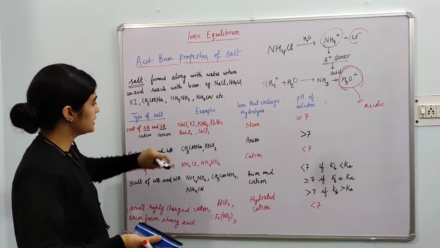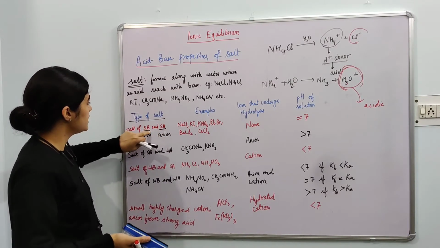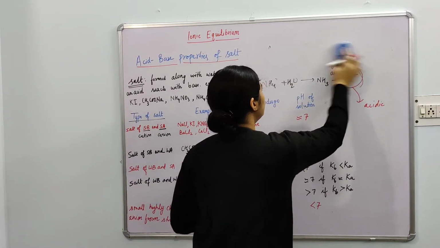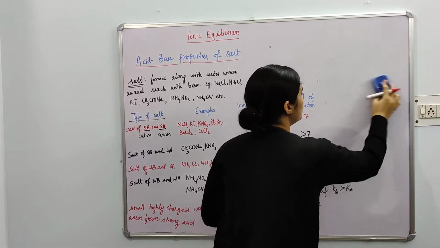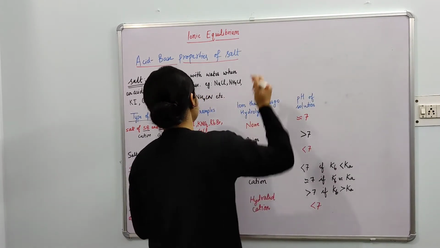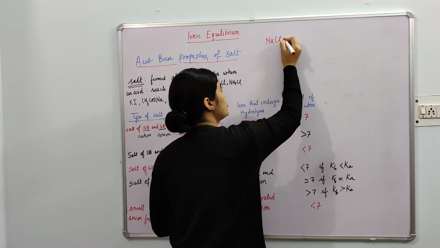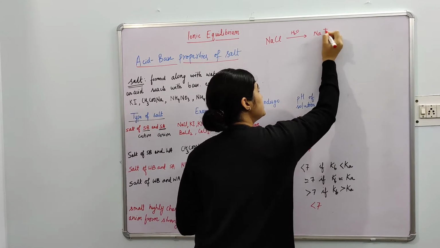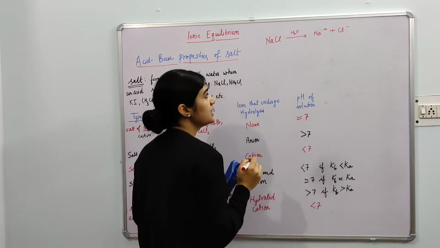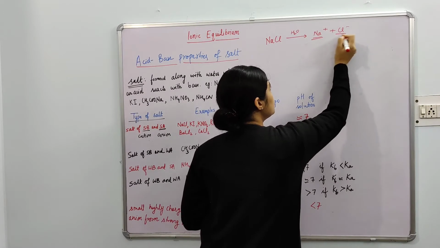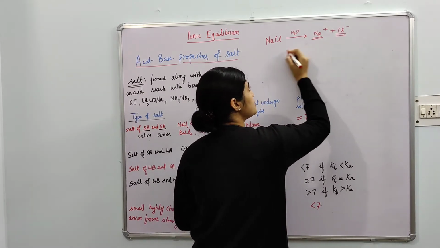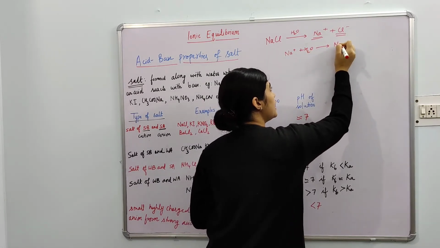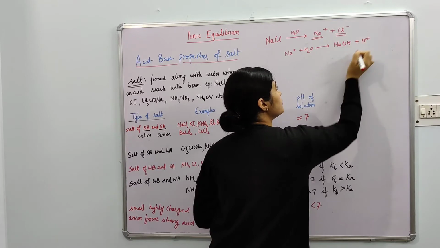So try to understand this in the case of strong base and strong acid. What will happen in the case of strong base and strong acid? Both the ions will not undergo hydrolysis. Let's take an example of NaCl in water. It will ionize and form Na positive and Cl negative. Now these two will not undergo hydrolysis. Let's say it undergoes hydrolysis. What will be formed? NaOH plus H positive.